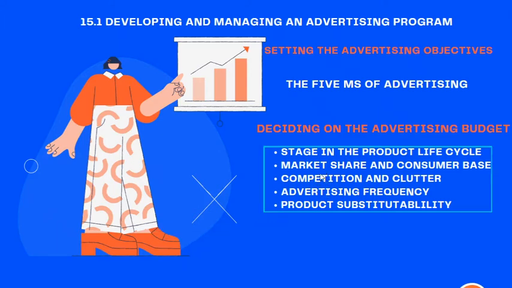The second one is market share and consumer base. The third one is competition and clutter. The fourth one is advertising frequency. And the last one is product substitutability.